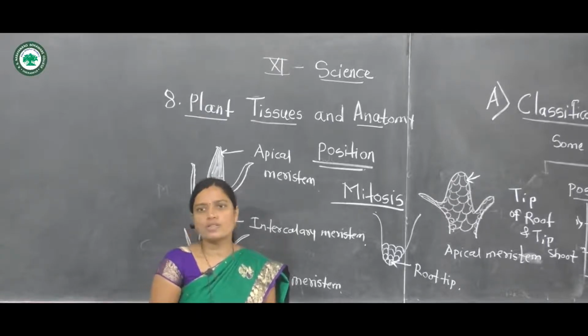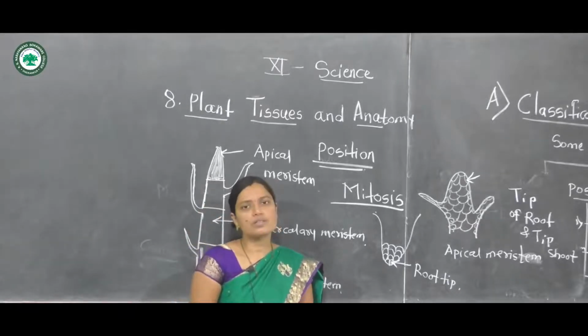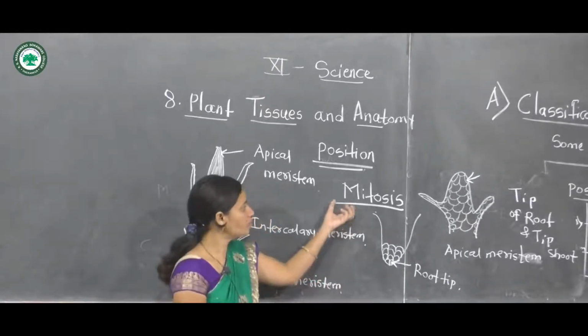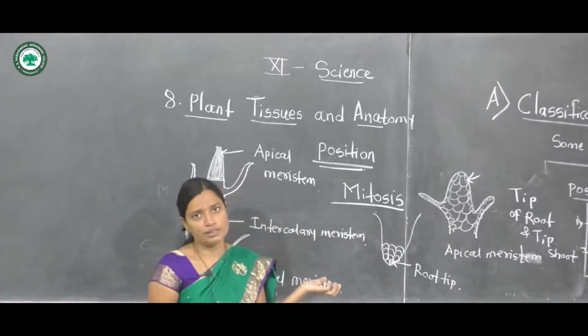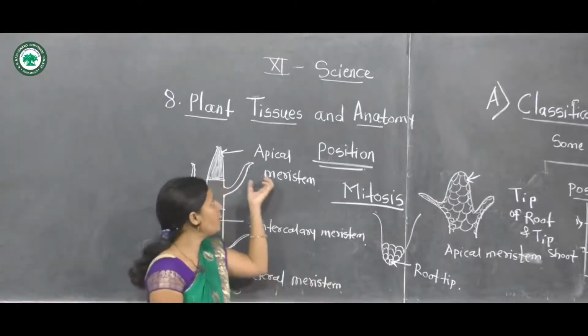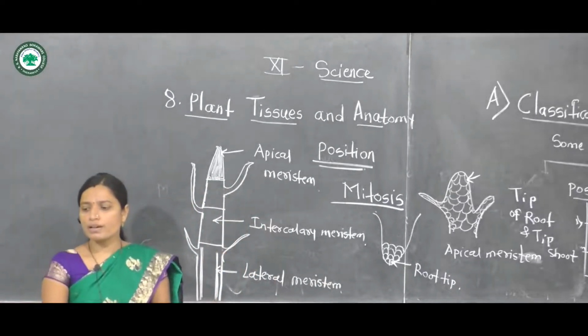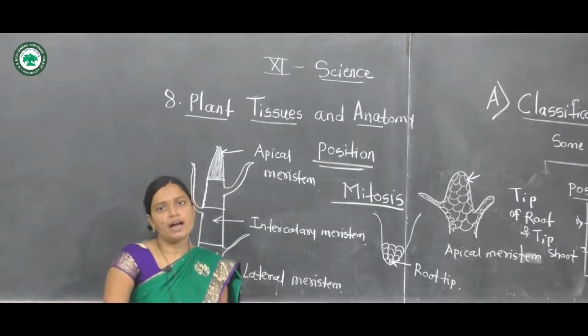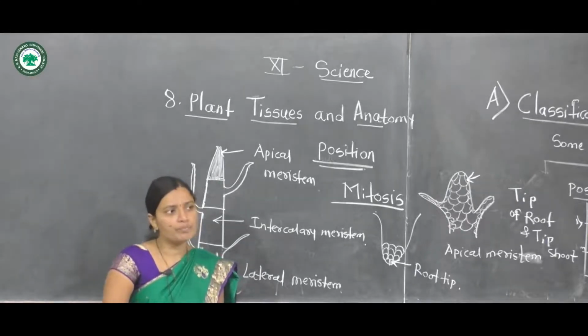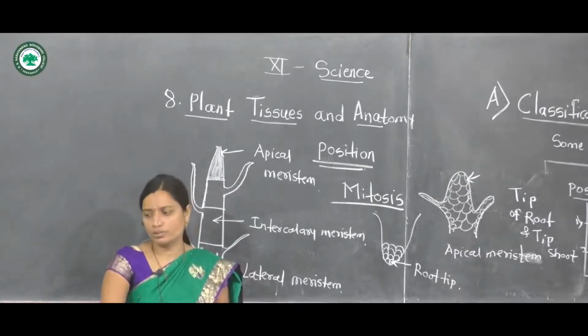Mitosis cell division takes place in the growing regions of the somatic or body cells, like the apical meristem. This apical meristem is the most important tissue present at the root tip and stem tip regions.